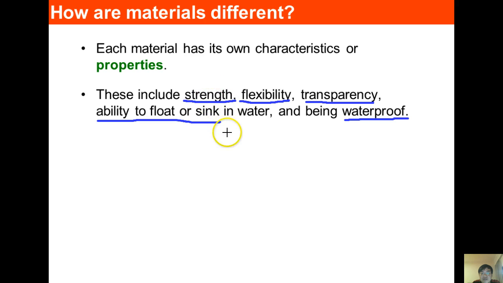So we need the right type of material, for example metal, to be used as the legs for our table instead of soft plastics. Let's carry on.